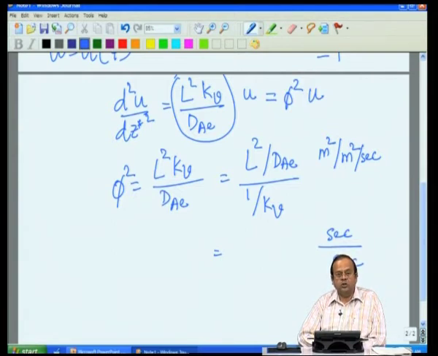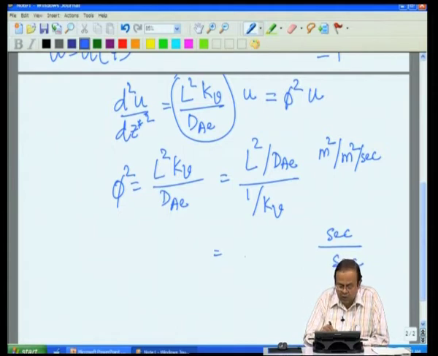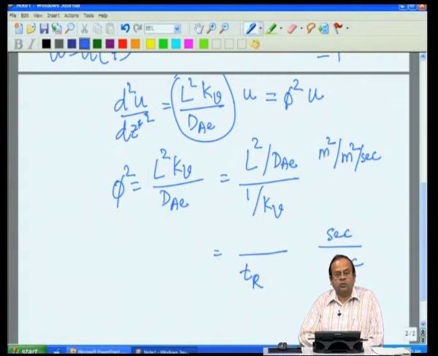So, what time is this? If you look at the denominator first, kV is the reaction rate constant, which has a unit of time inverse. So, 1 over kV is actually the characteristic time of reaction, which tells us the time scales on which the reaction is taking place.